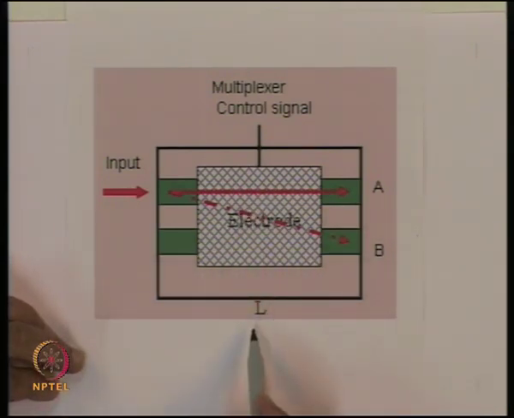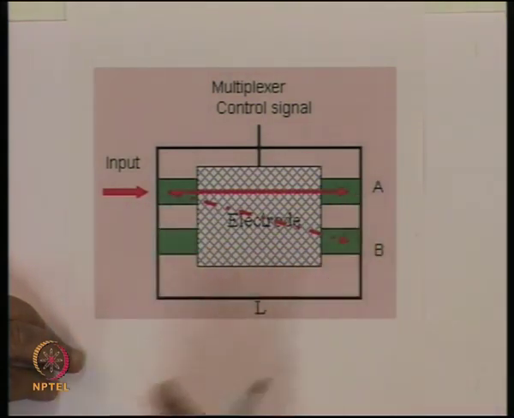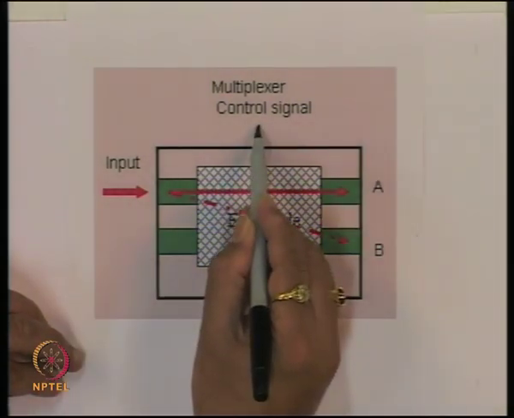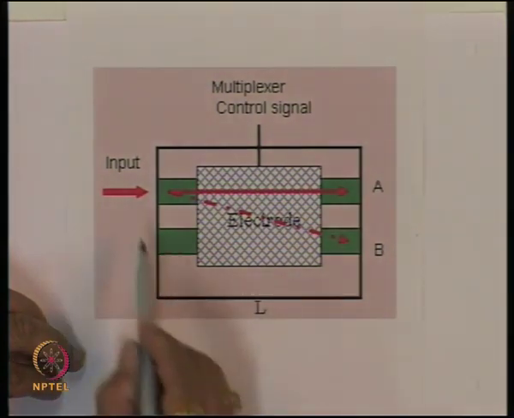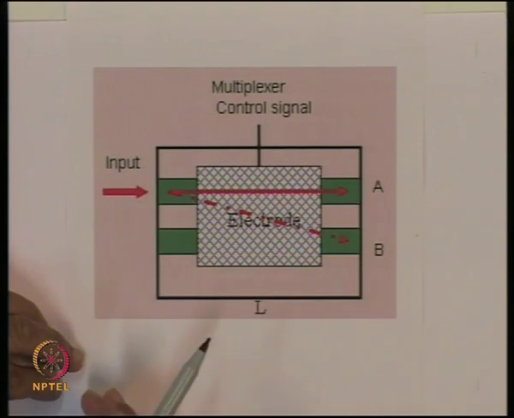Because of that, for a given physical length of the directional coupler, the signal may get transferred to this waveguide or may remain with the same waveguide. So, essentially by applying this voltage or not applying this voltage, I can connect the optical signal either to this port or to this port.